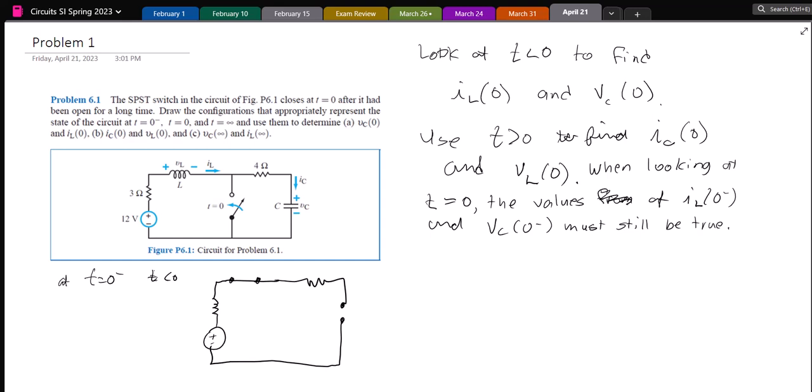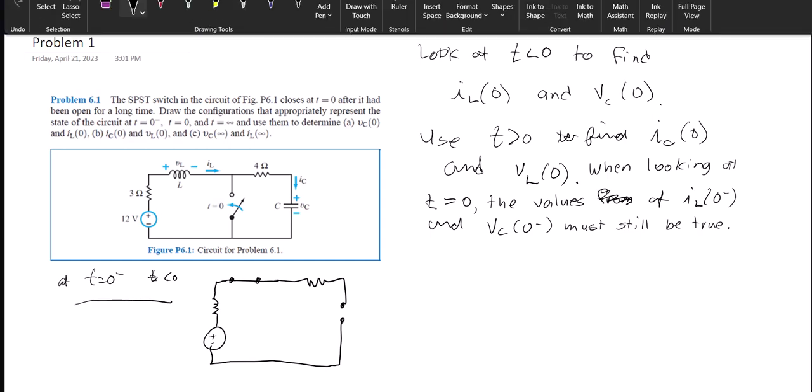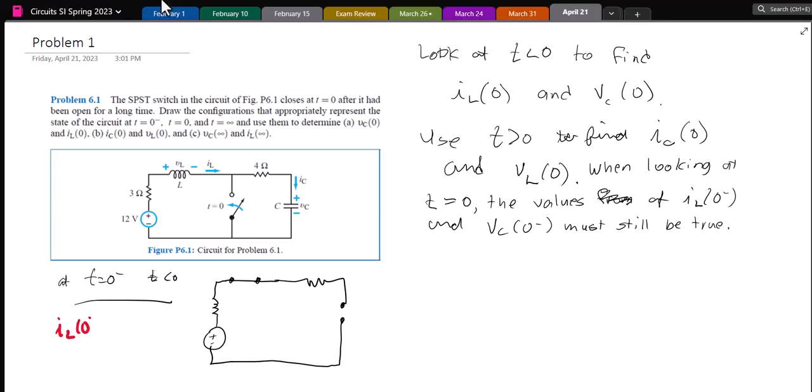But in particular, remember what we're finding with this stage. The two things we're finding at this stage are IL of 0 and VC of 0. So IL of 0 is 0 because there is no current. So that one we're okay with. But VC of 0, you can have a voltage even if you don't have a current, and that's what's true here. Because if we look, we have our 12-volt voltage source over here.